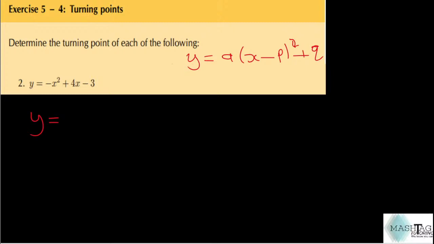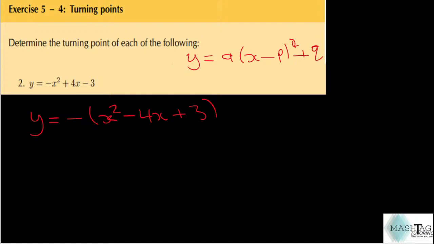So if you have a negative like this, always make sure that you take it out as a factor. You have to be very careful with that. So you have the negative out of the bracket, you're left with x squared minus 4x plus 3.